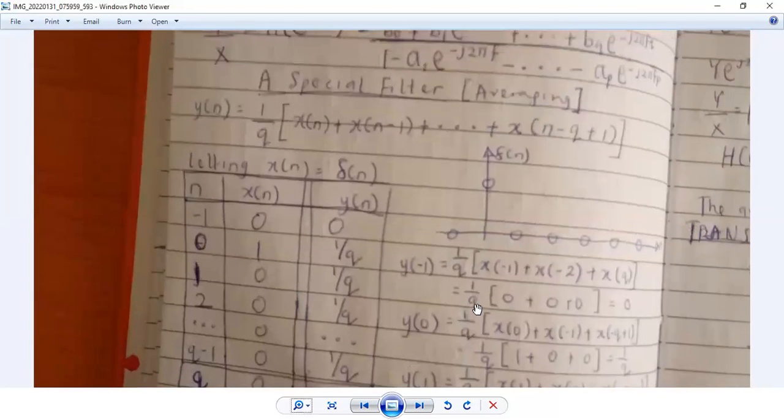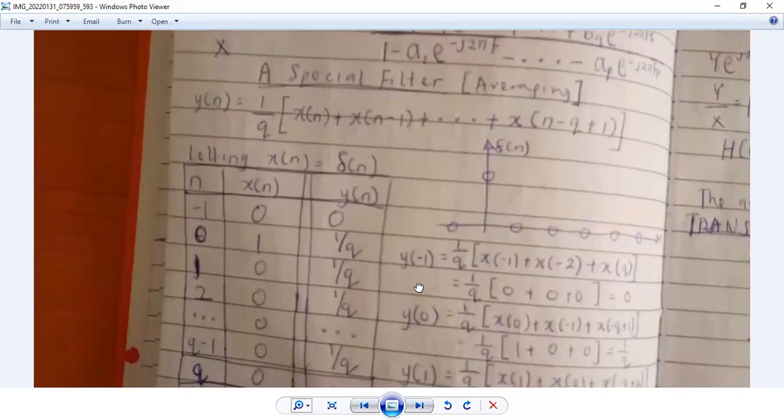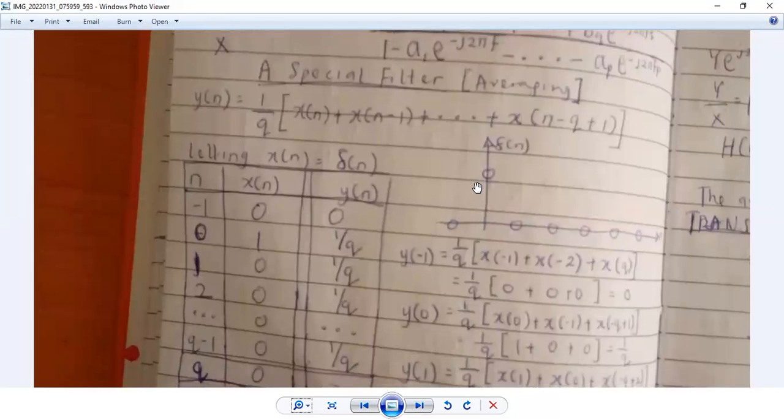Similar to the first question, we want to get the response of the filter when an impulse input is applied. So this is an impulse function. I want to get the output of the filter. So we take when n is equal to -1.